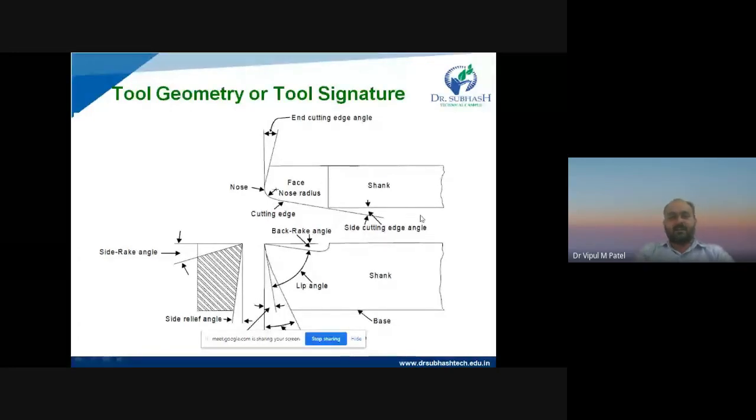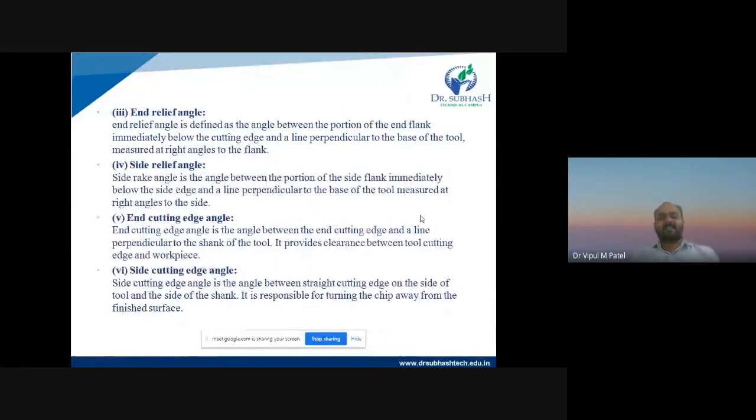So how can we explain it in terms? Side cutting edge angle is the angle between the straight cutting edge on the side of the tool and the side of the shank, and it is responsible for turning the chip away from the finished surface, right?